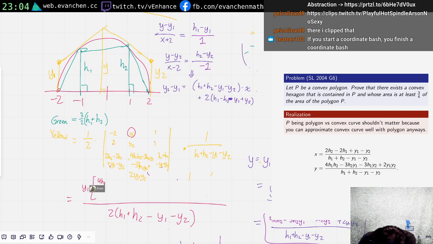So 4h1. Oh, the h2 cancels actually, and then minus 3y1, and then minus 2y2 minus y2. Great. And then plus y2 times minus 2h1, so it's minus 4.